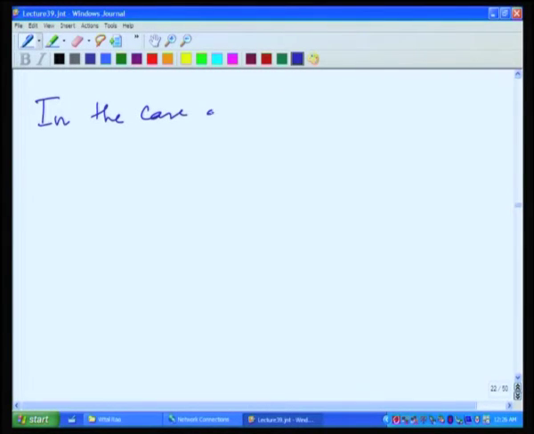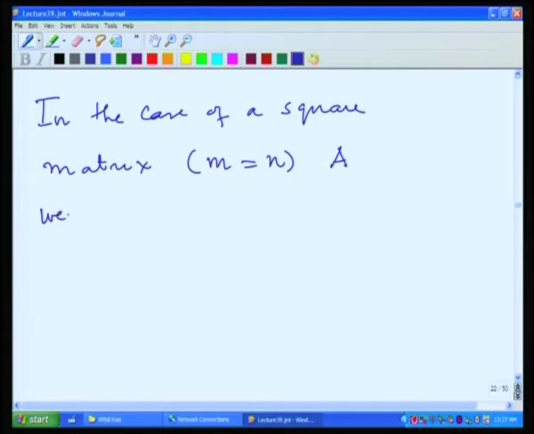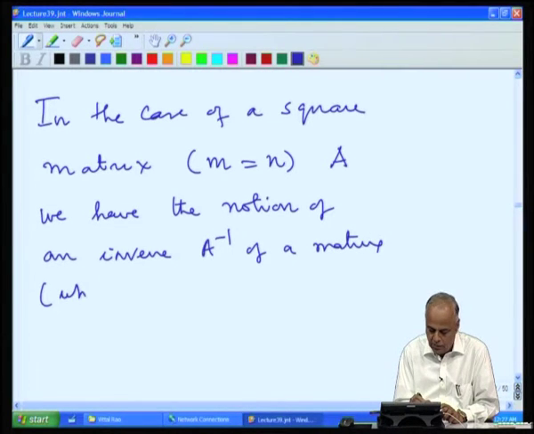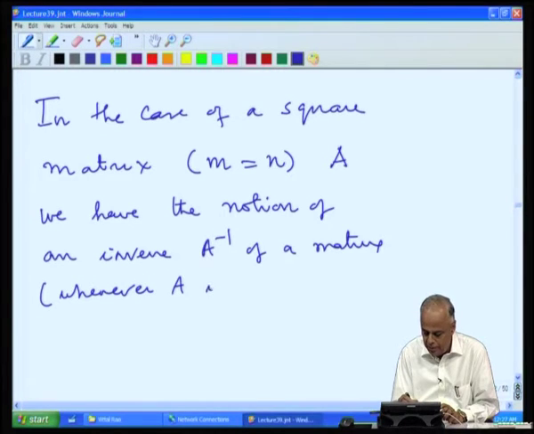So, in the case of a square matrix, m equal to n, we have a square matrix A, we have the notion of an inverse of a matrix whenever A is invertible.